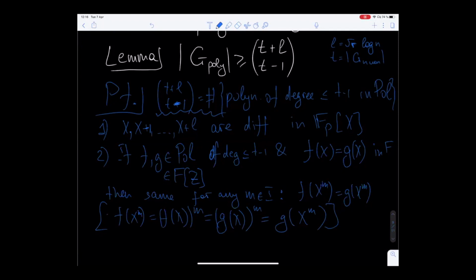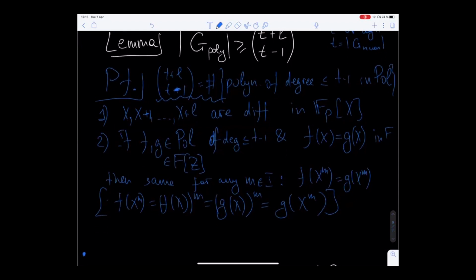And all these values, x to the 1, etc., x to the m, are all different for m belonging to our group genome.